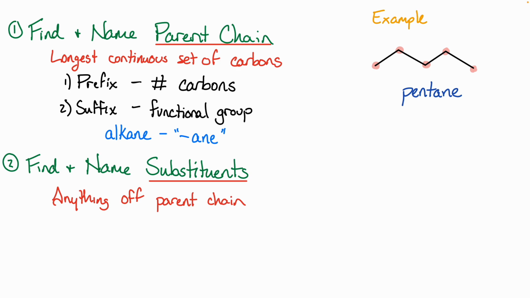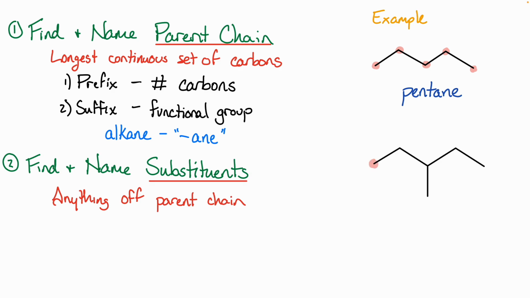All right. We're going to put down another example here. We're going to stick with our 5 carbon parent chain, but now we're going to stick a carbon off of that middle one. So step 1 is still the same, to find and name our parent chain.